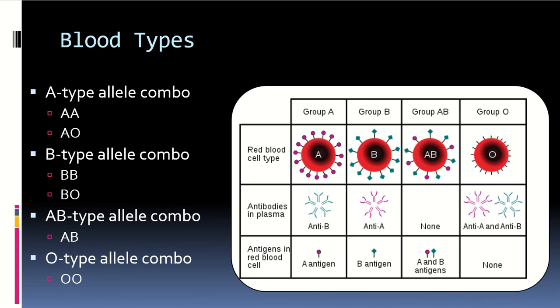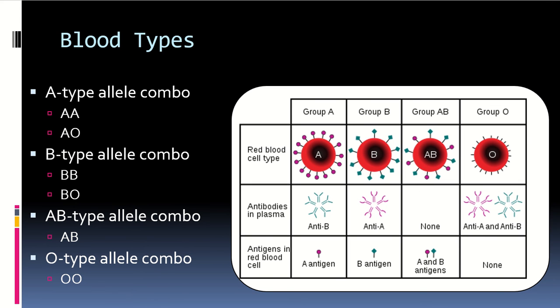So people with A blood can accept transfusions that involve A blood because they will not form antibodies to those A antigens, but they can also accept blood from people with O blood because people with O blood do not have B antigens on their red blood cells.